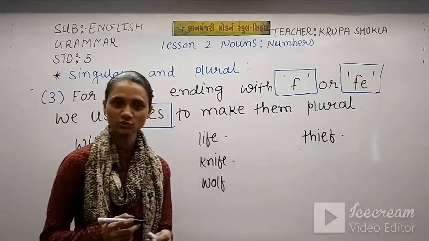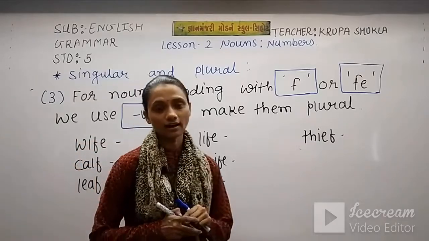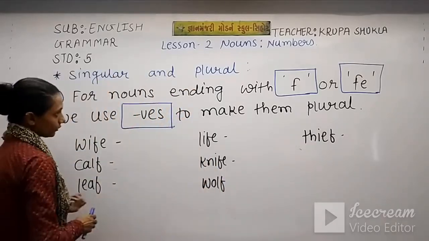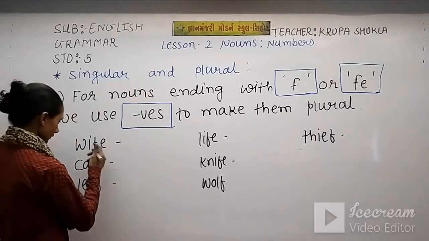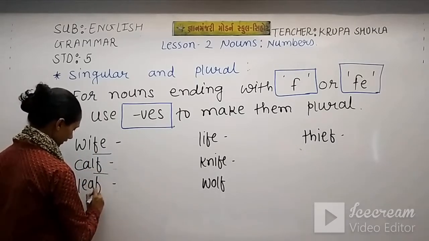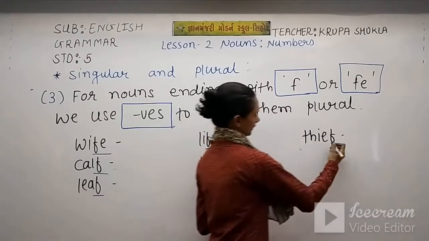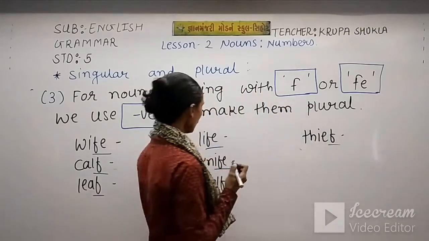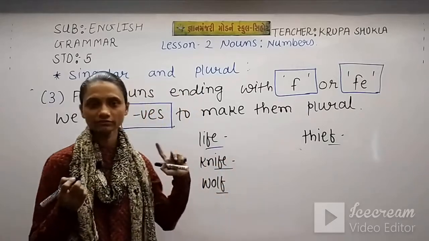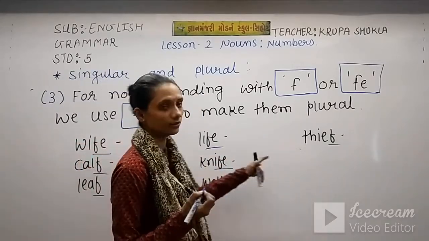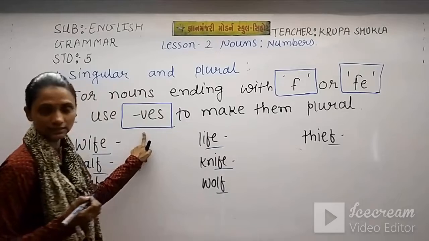First, let's check whether these words end with f or fe. So here we have fe, here we have f, again f, fe, fe, f and f. So we will make all these words plural using ves.